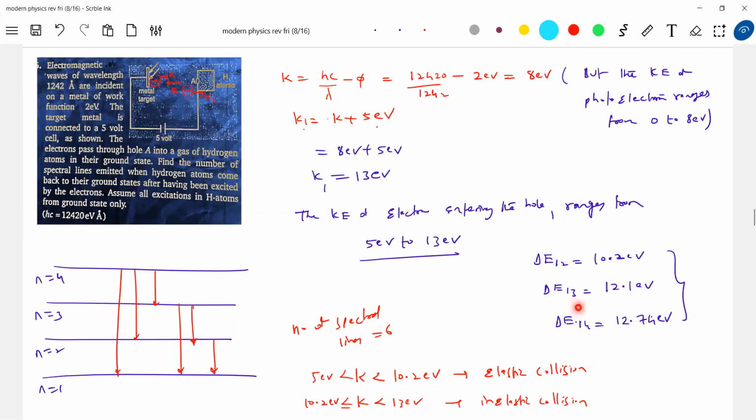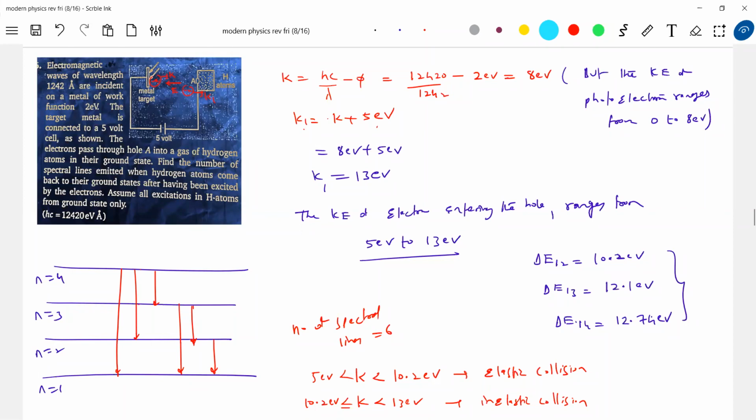See how the hydrogen atom will get energy. There is no compulsion that if an electron with more than 10.2 electron volt hits it, then it should get excited. We are talking about probability. So there is a probability that there will be an elastic collision even with more than 10.2 electron volt energy. It may share, may not share.